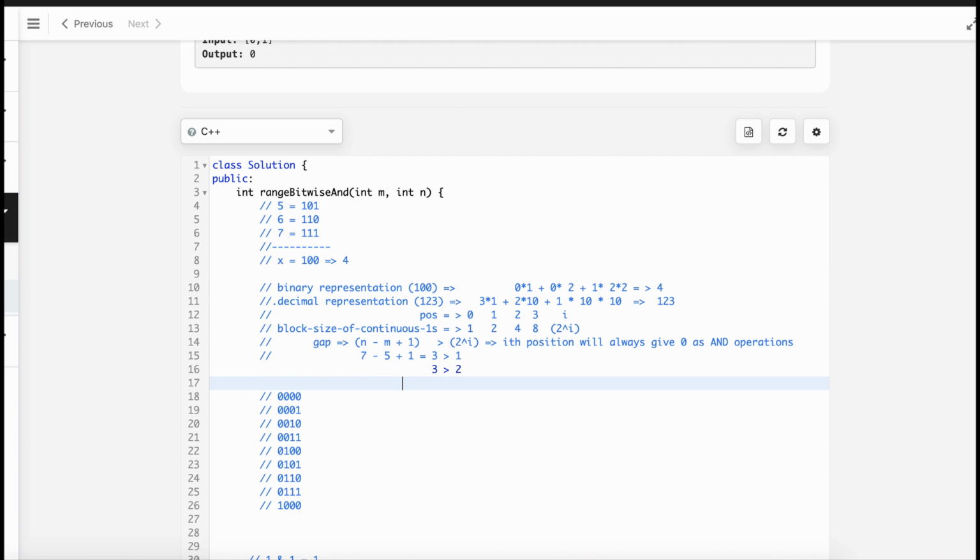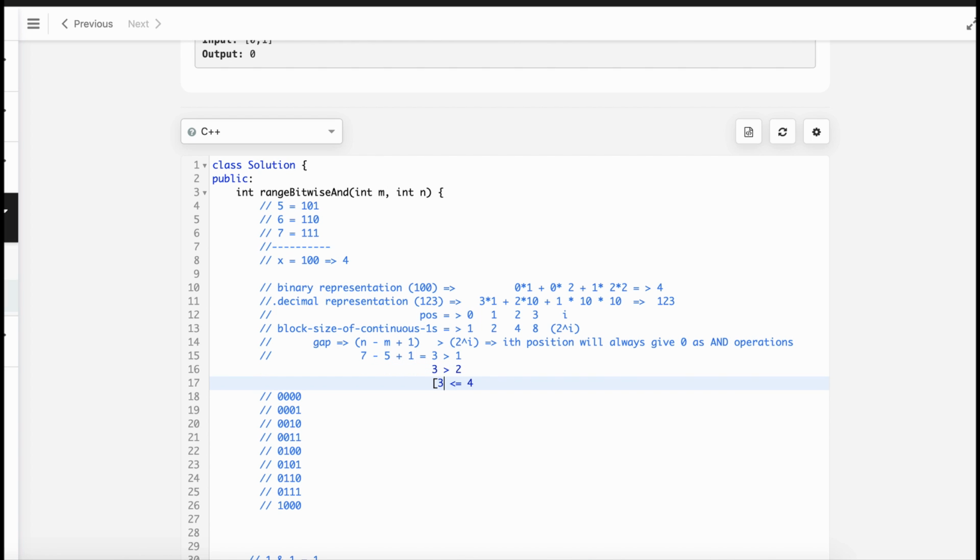Now we see that 3 is less than or equal to 4. So for the next position the continuous block size of 1s will be 4, and the check that 3 is greater than 4 is false.